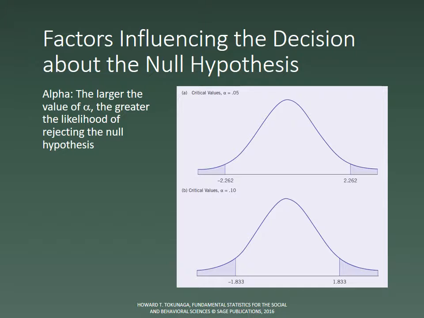So if our result, the z-score, fell at -2, in the first example we would accept the null hypothesis that there was no difference. In the second example, we would reject the null hypothesis because the -2 fell outside of the region that we were looking for.